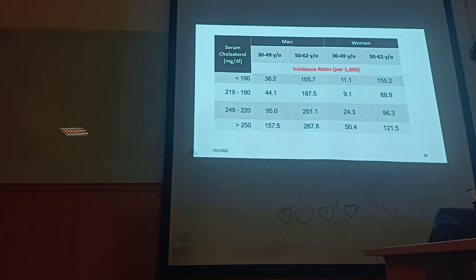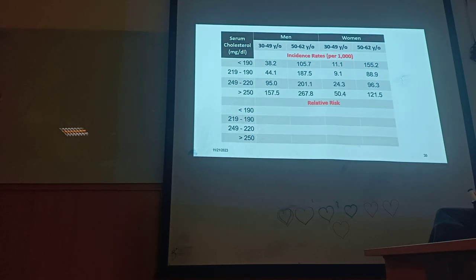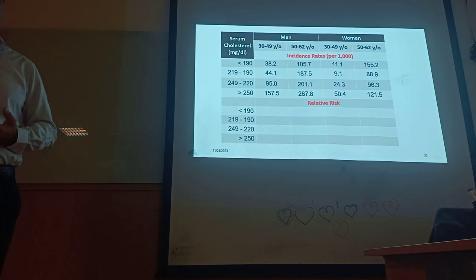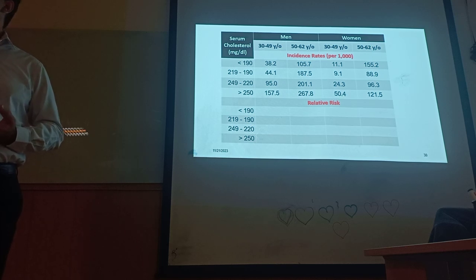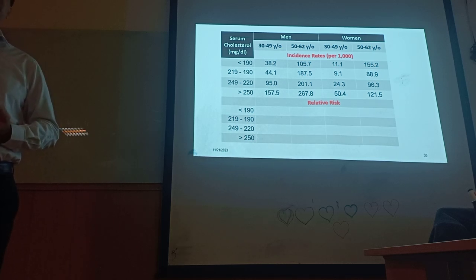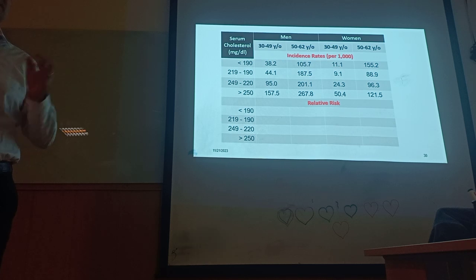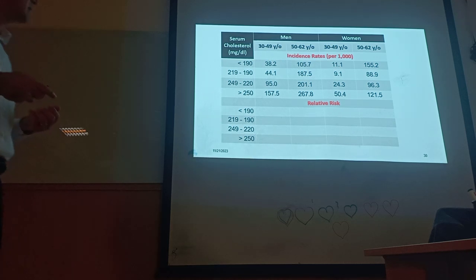You have to select one group as the baseline, and divide other absolute risks, other incidences, by that baseline. In this case, which one is selected is arbitrary. It's up to you.